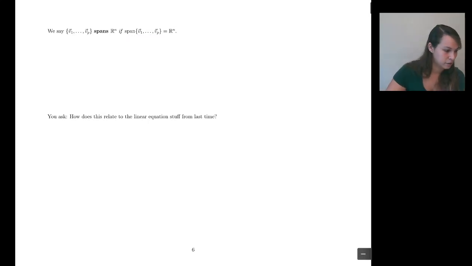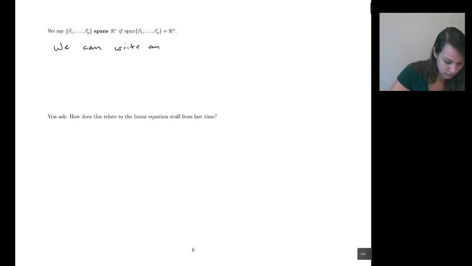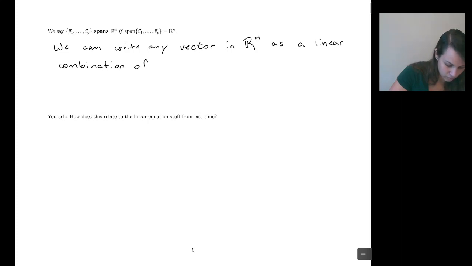And what that actually means more explicitly is we can write any vector in Rn as a linear combination of V1 through VP.